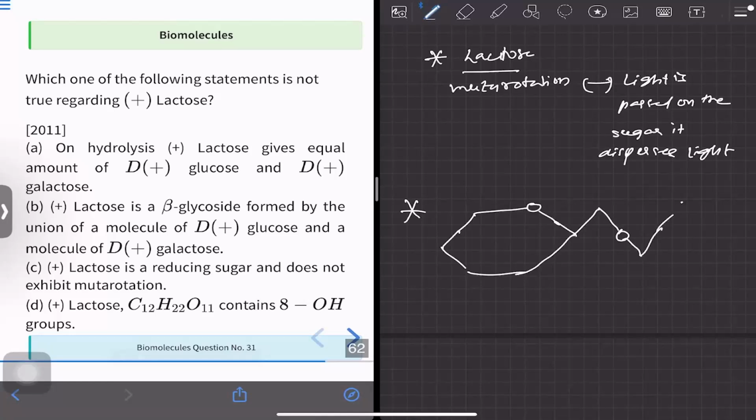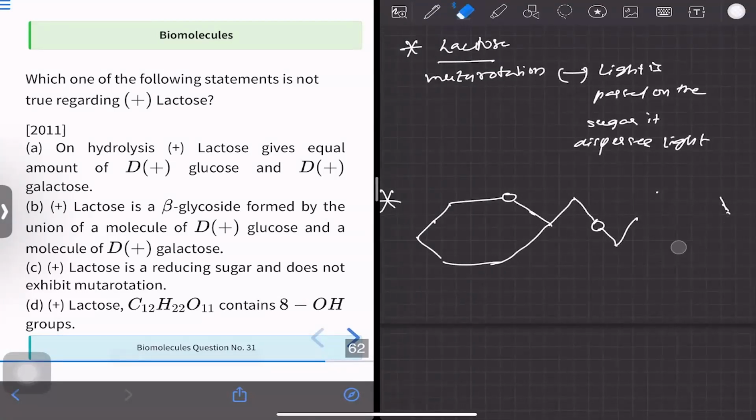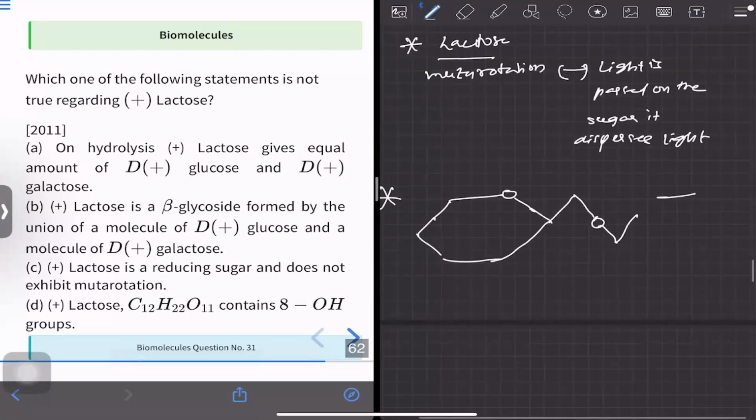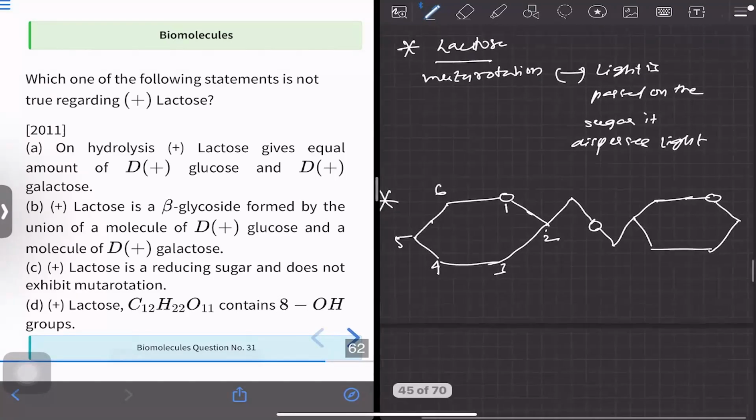So the structure will be this one. At first both are the same, but they differ at the fourth carbon. So we have to write: this is the first carbon, second, third, fourth, fifth, and sixth. So they differ only at the fourth carbon.